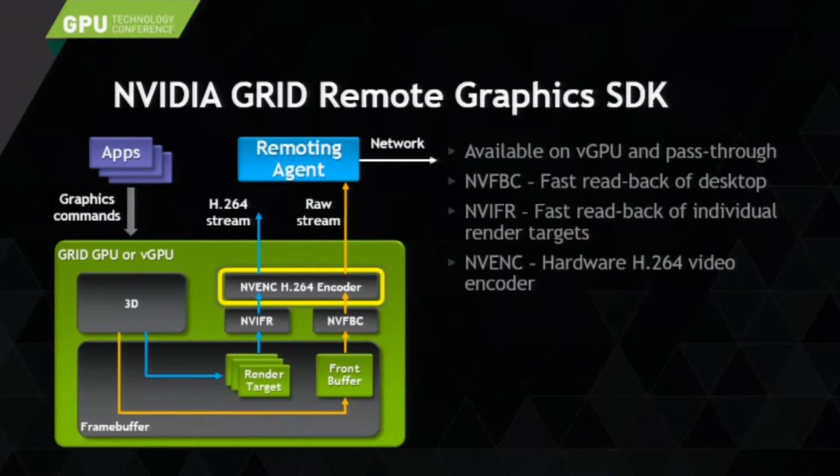In either case, these APIs connect to dedicated hardware in the GPU that supports transfer and H.264 hardware encode of pixel data in the frame buffer. So they operate with minimal impact on graphics performance. That is critical for delivering great remote graphics.